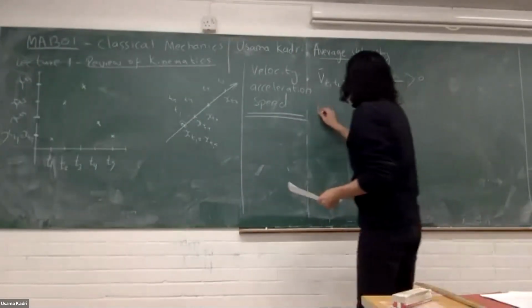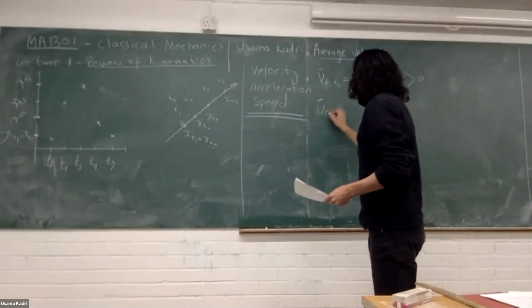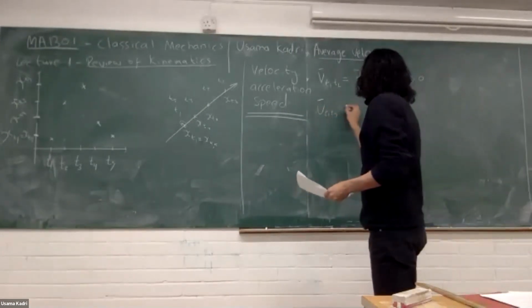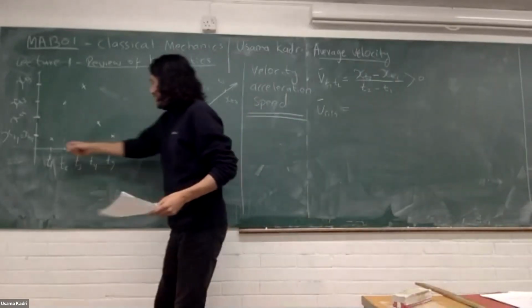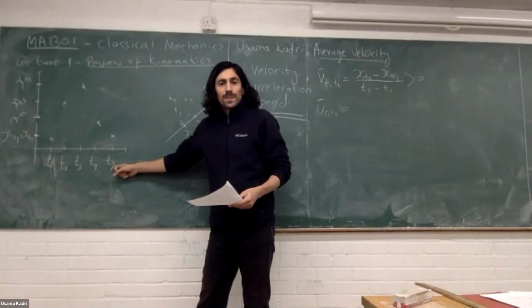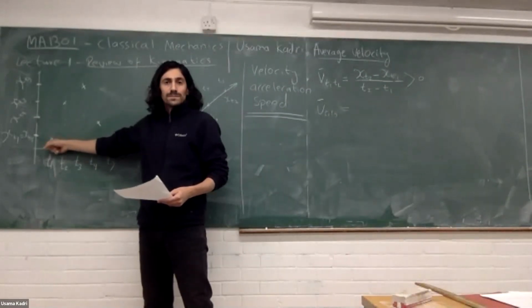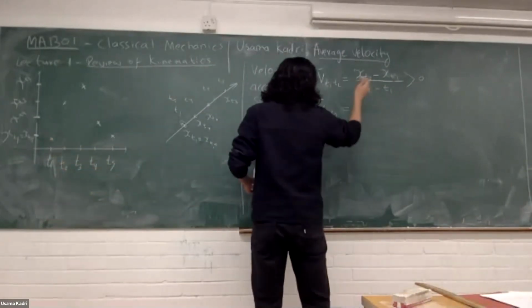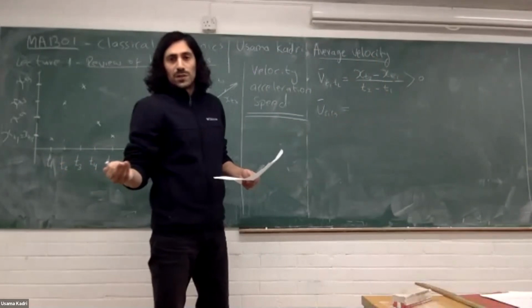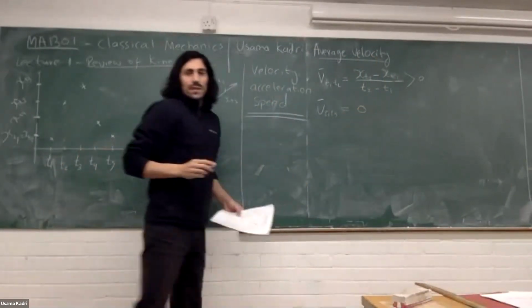Now, what is the average velocity between t1 and t5? Well, that's interesting because we know that at time t5, the object is back to the original location, right? So x of t5 minus x of t1 is 0. So the average velocity is 0.